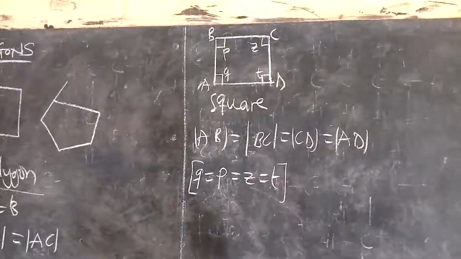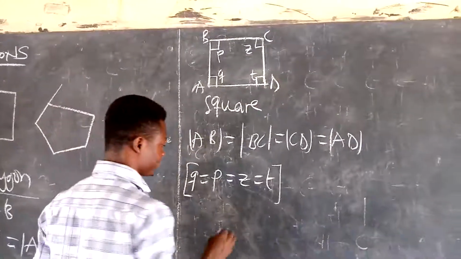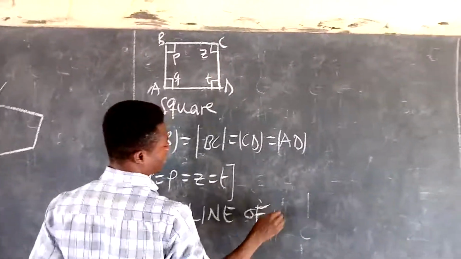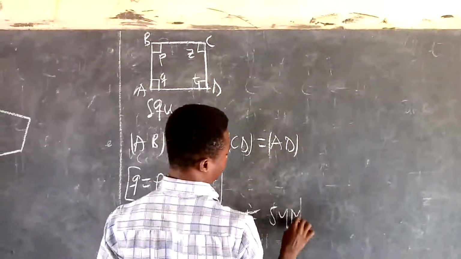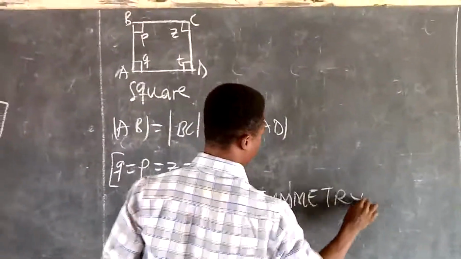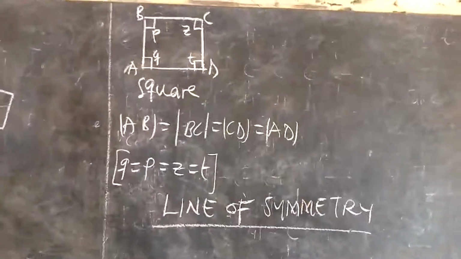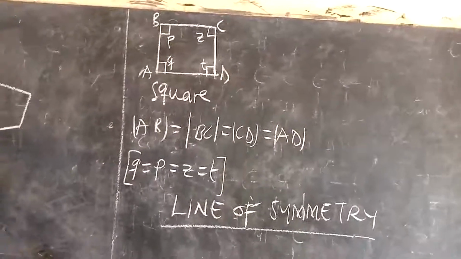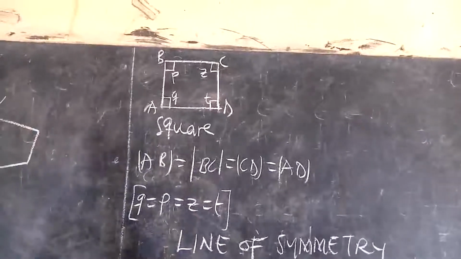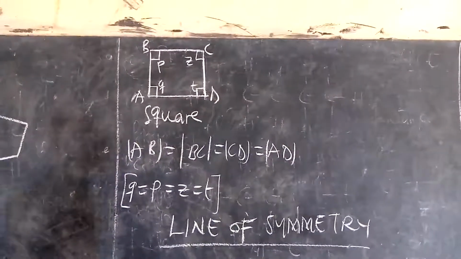With the regular polygon, let's talk about line of symmetry. It's very important that we know the line of symmetry. The line of symmetry simply means a line which can divide a regular polygon into equal halves.